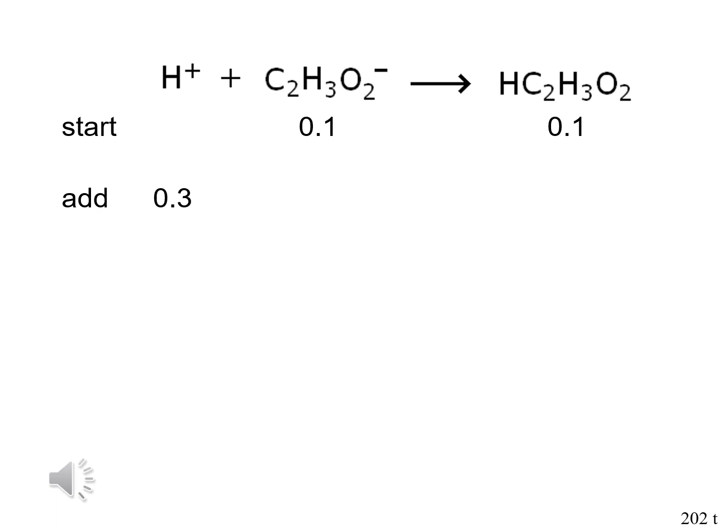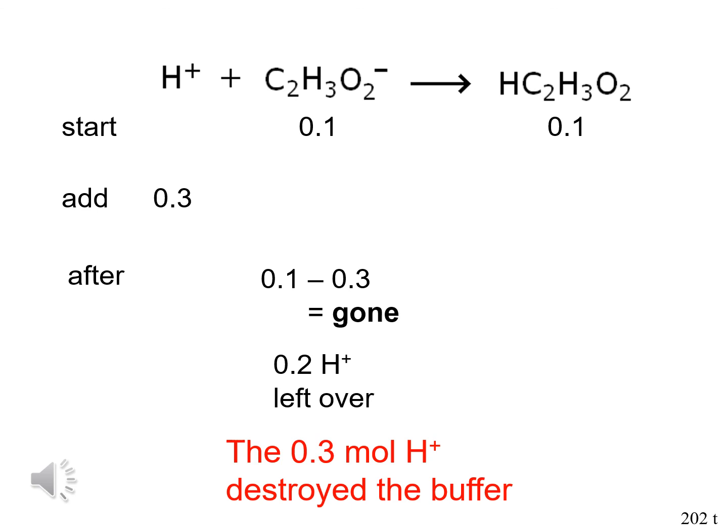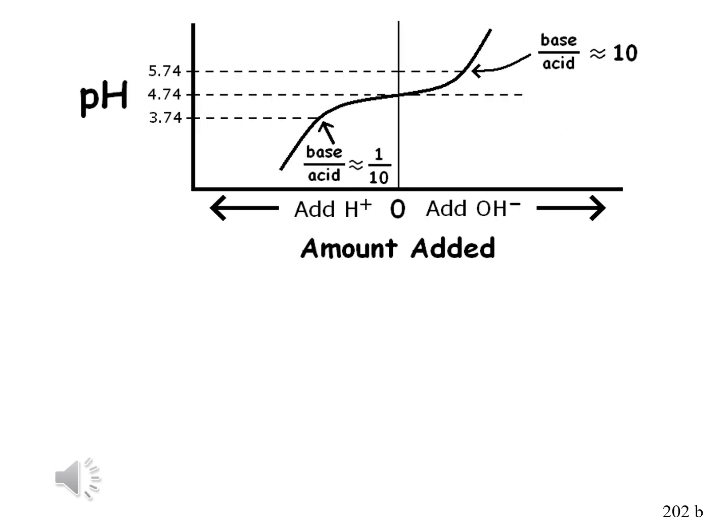So you're not only going to get rid of the 0.1, you're also going to have some left over. Obviously, there wasn't enough of the buffer to soak up all the H's, and so it didn't have a sufficient capacity.